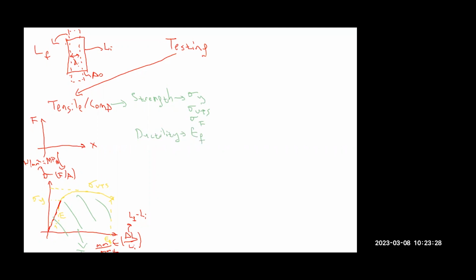We can measure the stiffness of a material. What is the unit of stiffness? Modulus of elasticity. It's again Pascal, right? Mostly for metals, the elastic modulus is between 190 gigapascal and 210 gigapascal. And we can measure toughness.